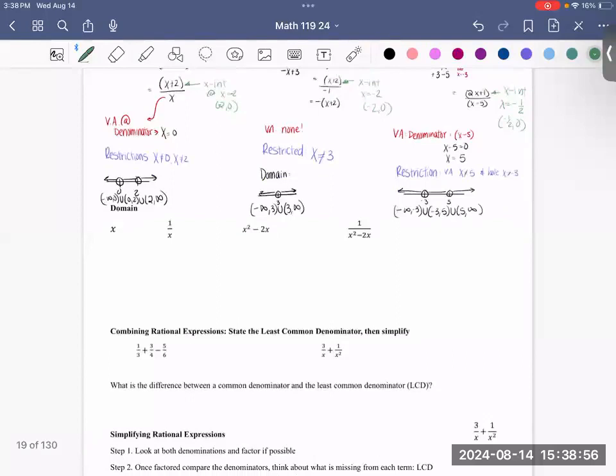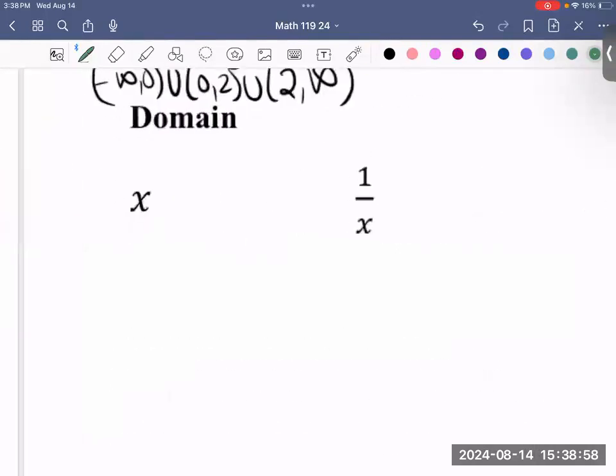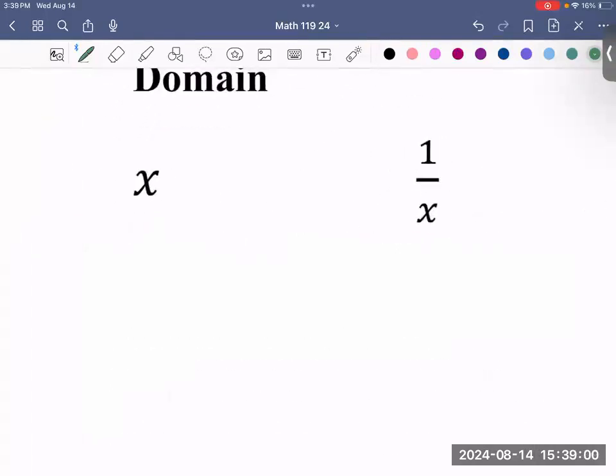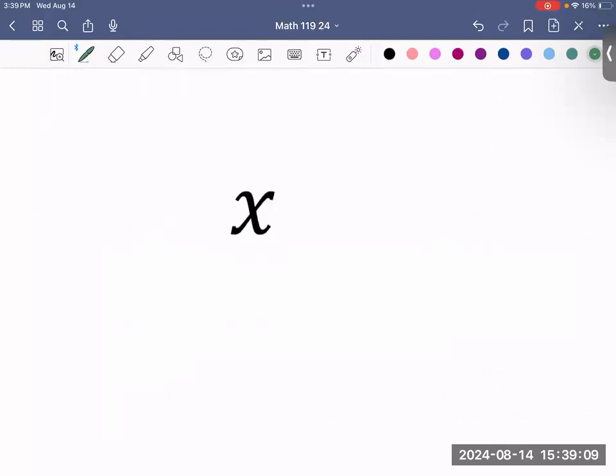Now let's take a look one more time at your domains, because we do it quite often, because we are going to be gearing up to graph here. So your domain, if you're just given y is equal to x, are there any restrictions? No, there's no restrictions. X can be any number under the sun.